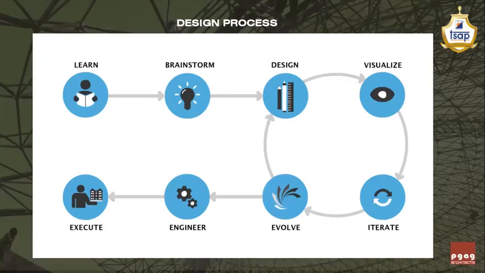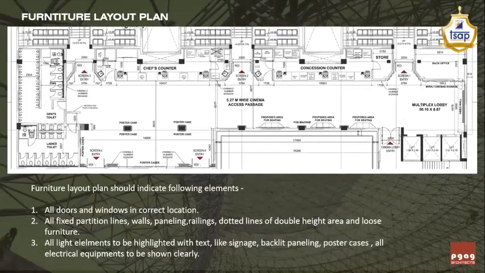So we are going ahead with the design process now. The next stage is detailed drawing. For example, you are seeing this slide as a furniture layout plan of a multiplex lobby. Generally, you are used to showing the furniture layout plan with only the furniture on it.